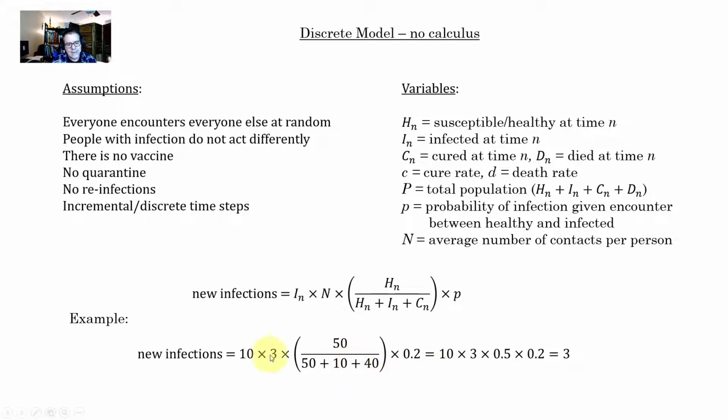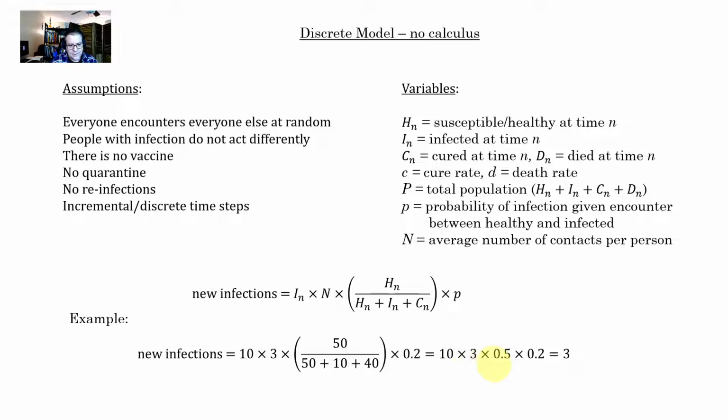And then you multiply that by, let's say, just as an example, a 20% chance, if there was an encounter between somebody who's infected and susceptible, of transmission of the disease. So we'd multiply all those together. We'd have 10 people that are currently infected times 3 encounters on average.